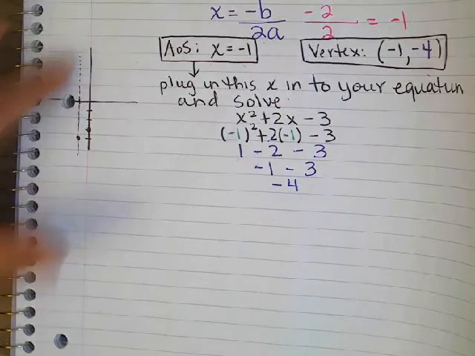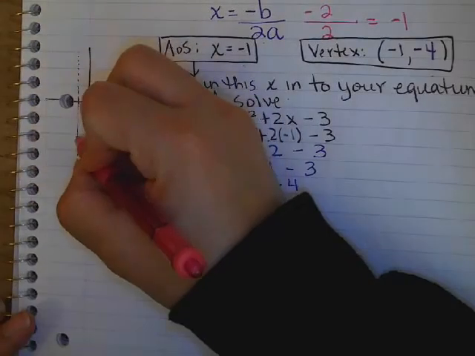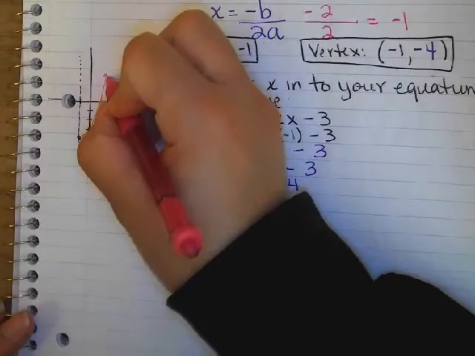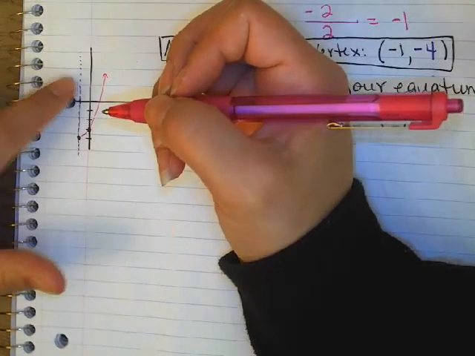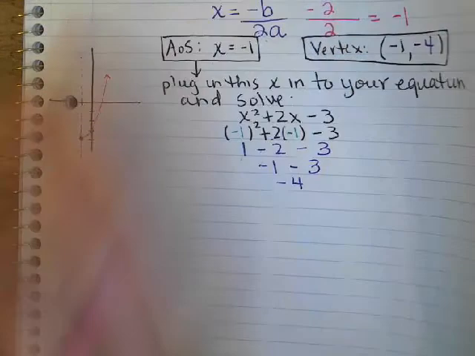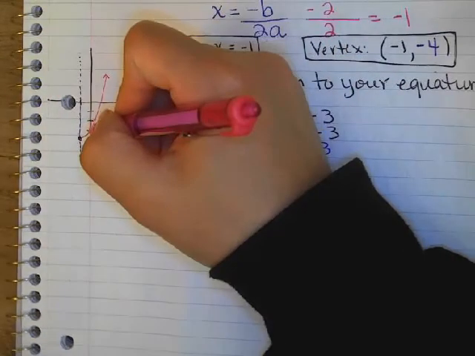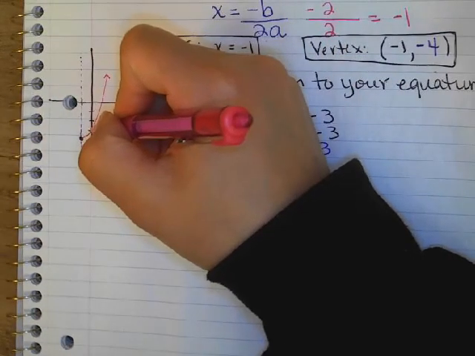And then here it is. There's my axis of symmetry, x equals negative 1. So I know my graph is going to be like that because it opens upward, but I need another point here, right? Well, guess what? The axis of symmetry, remember, cuts it perfectly in half.